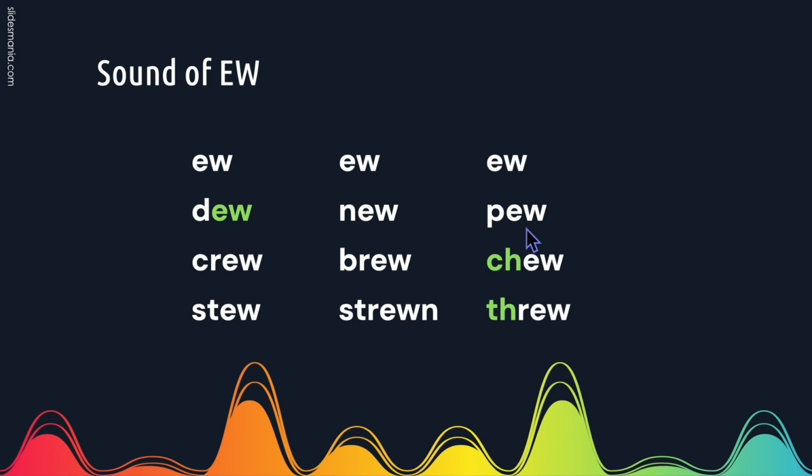So just like the long U has two sounds, U and oo, and we use the U sound when it's easy to say and the oo sound when it is hard to say, it's the same with the EW sound here. So in most of these words, it's too hard to say U, so we say oo. But pew is one where we can have the Y sound in it. Crew, brew. CH says ch in this word. Chew, stew, strewn. TH in this word says through.